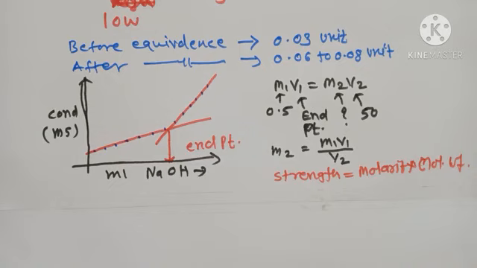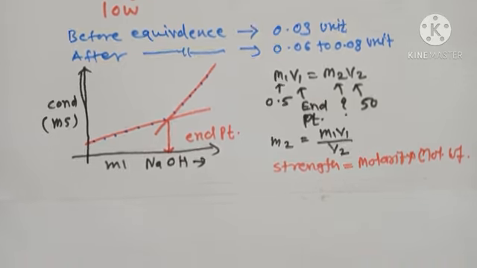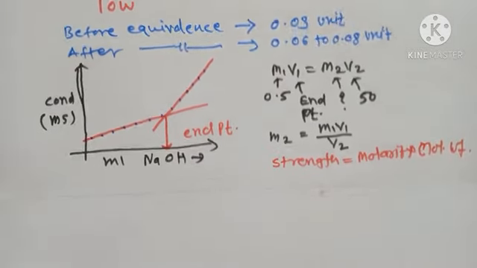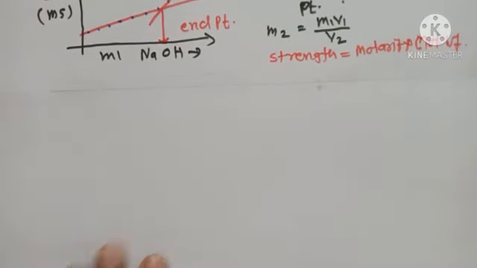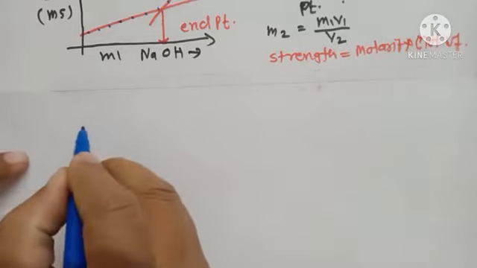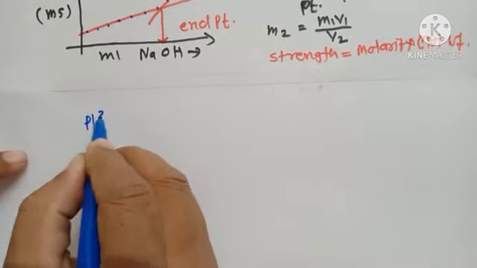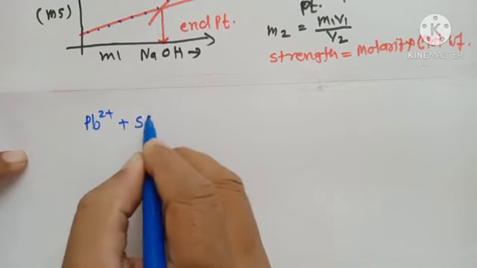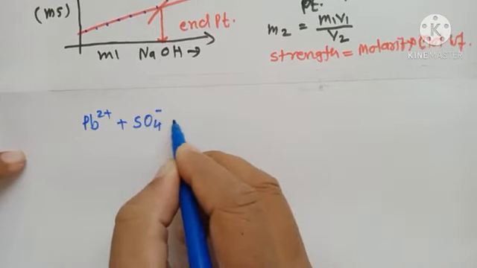Now what is the application or the advantage of the conductometric titration? Some titrations can be performed, for example the titration between Pb2+ ion and SO4 2- ion.